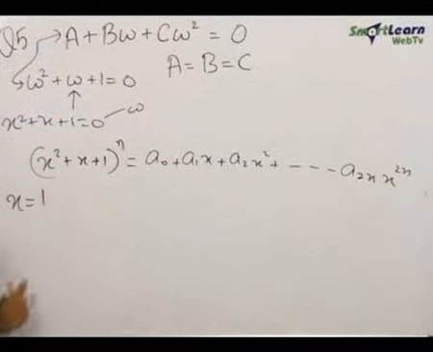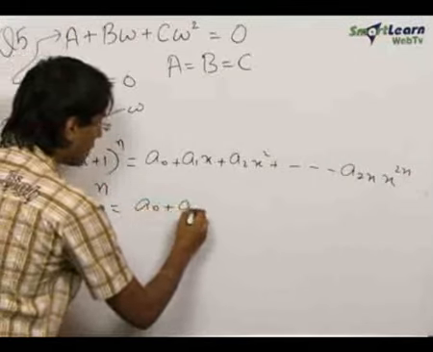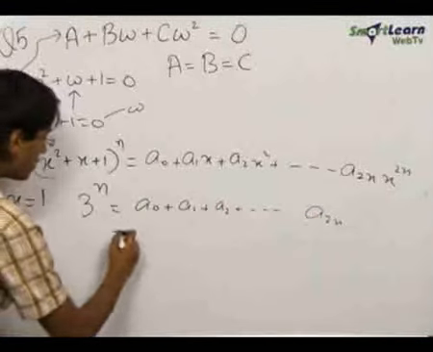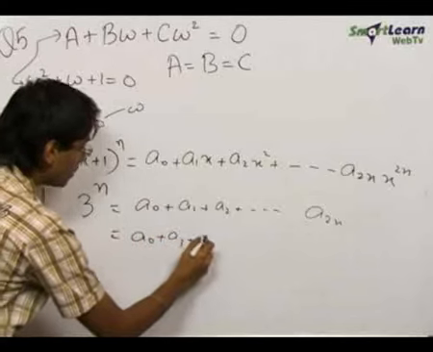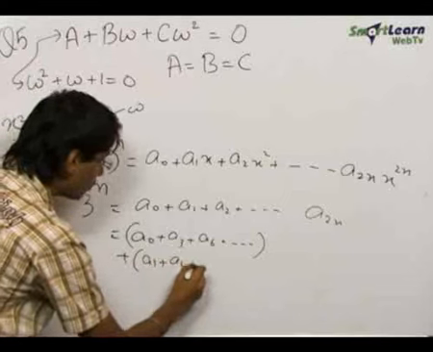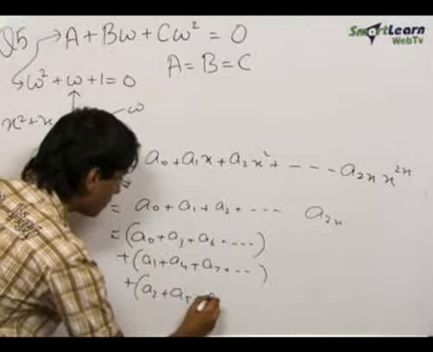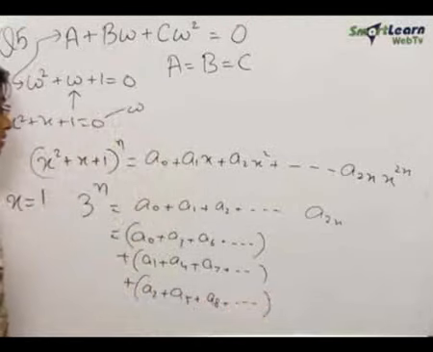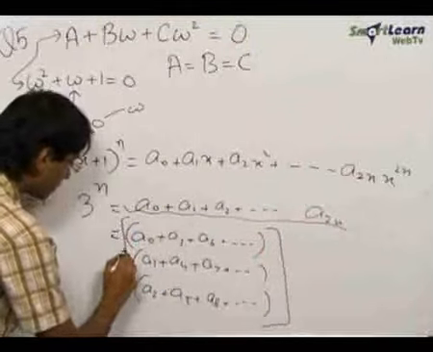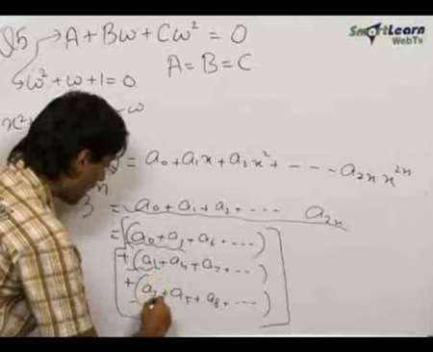On putting x equals 1, we get 3 power n is equal to a0 plus a1 plus a2 up till a2n, which is equal to a0 plus a3 plus a6 plus a1 plus a4 plus a7 plus a2 plus a5 plus a8. In this way, we have written this entire sum as a sum of three different summations, since we require the values of this, this and this.